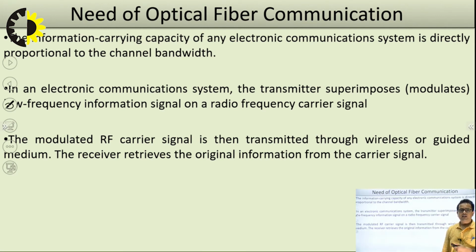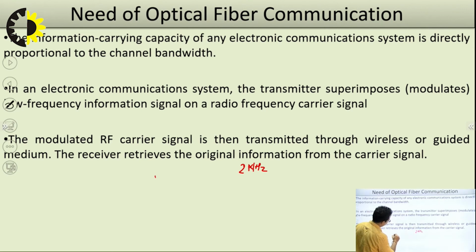I mean, there has to be a need because of which optical communication was introduced. So the need was bandwidth. Suppose that we are using a carrier having a bandwidth of around 2 megahertz, and we want to transmit voice channels.